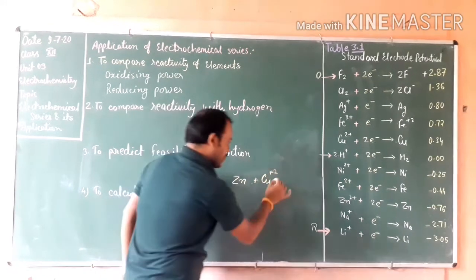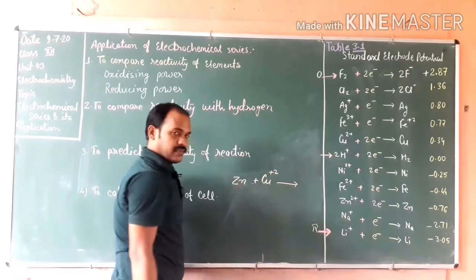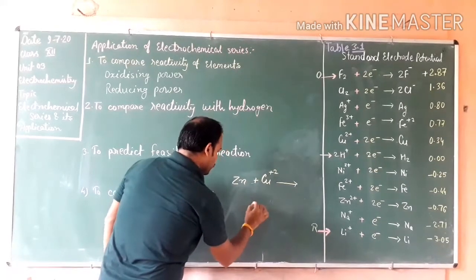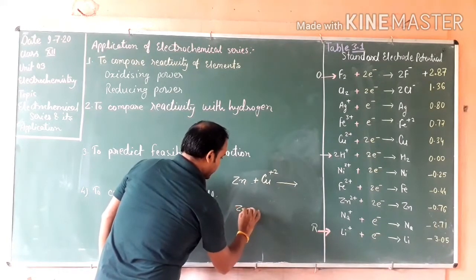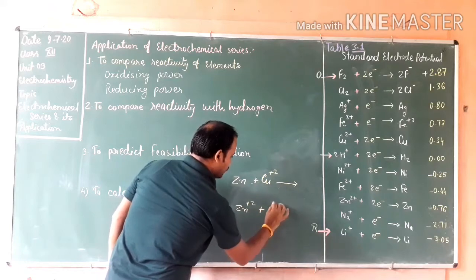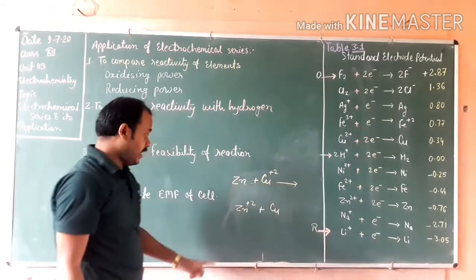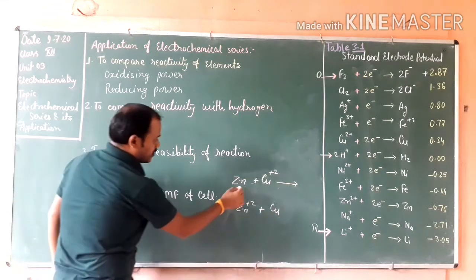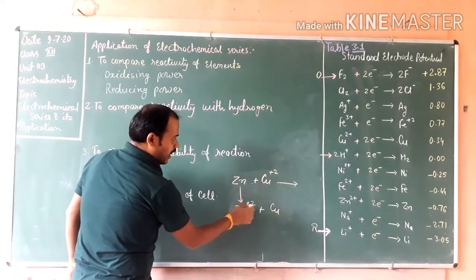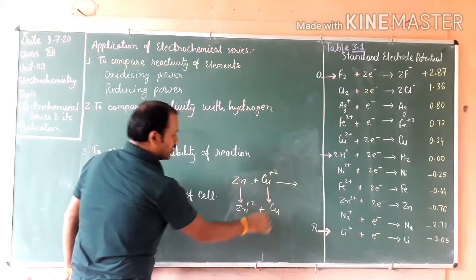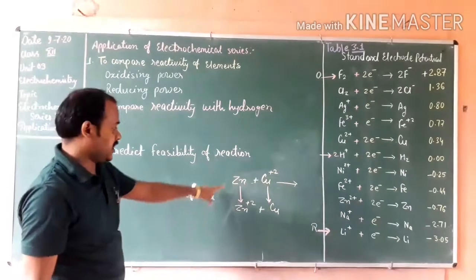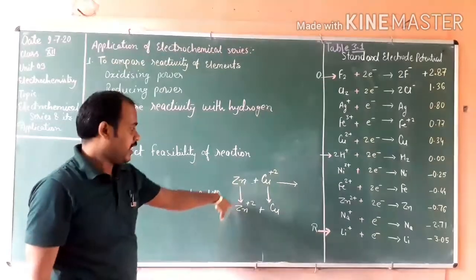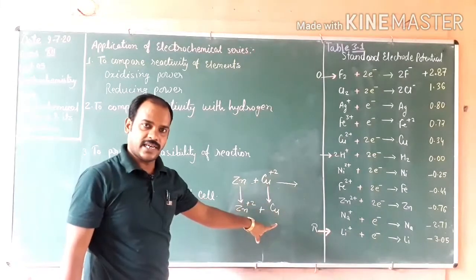When they are reacted, they form Zn2+ and Cu. It means this zinc is oxidizing and copper is getting reduced. Okay, zinc is undergoing oxidation and copper is undergoing reduction.